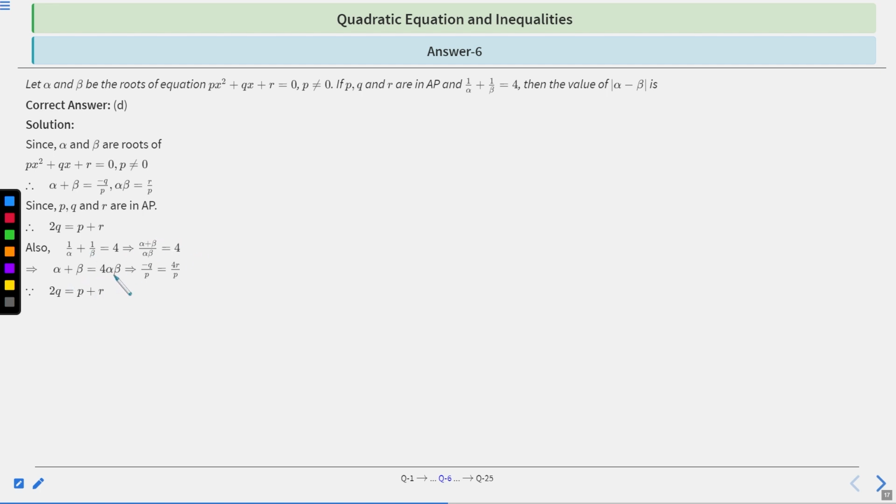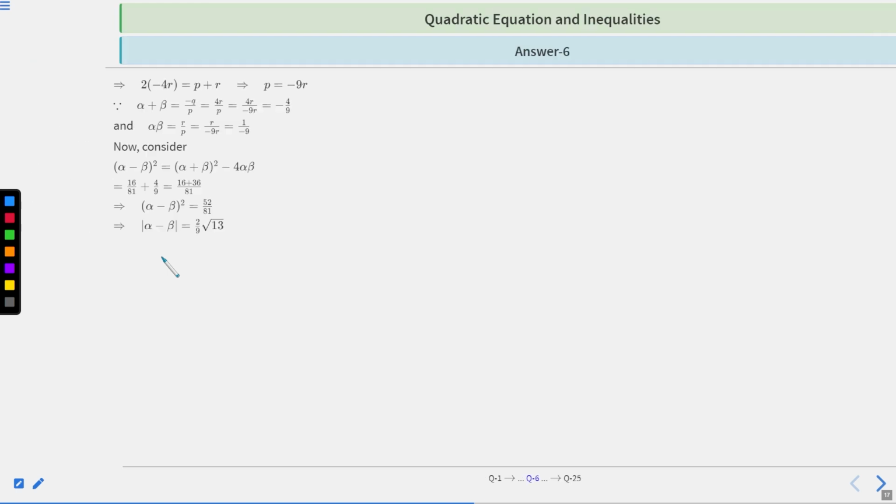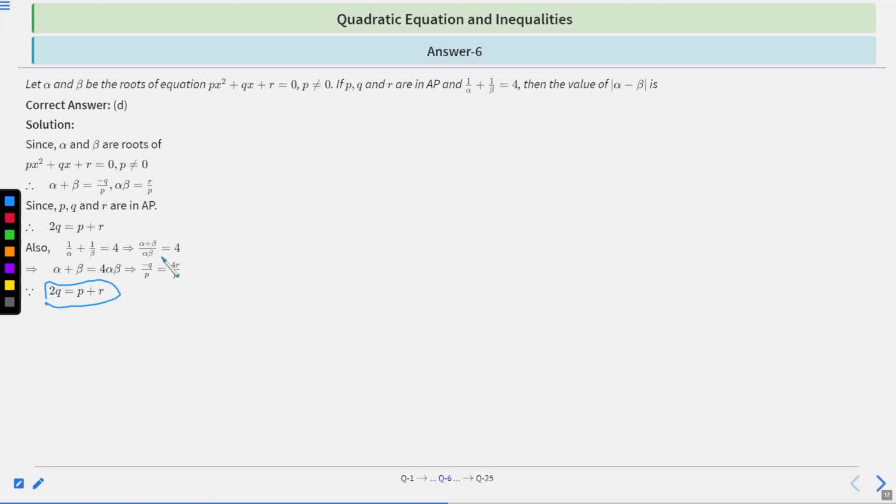So alpha plus beta is basically 4 alpha beta. Let's put the value of alpha plus beta and alpha beta. Since 2q is equal to p plus r, we have to adjust this. Now put the value of r, right?